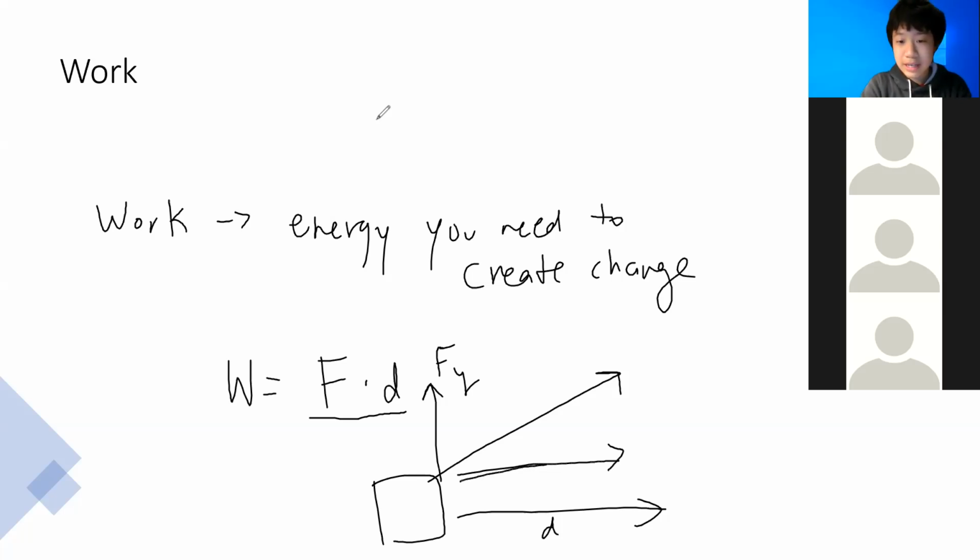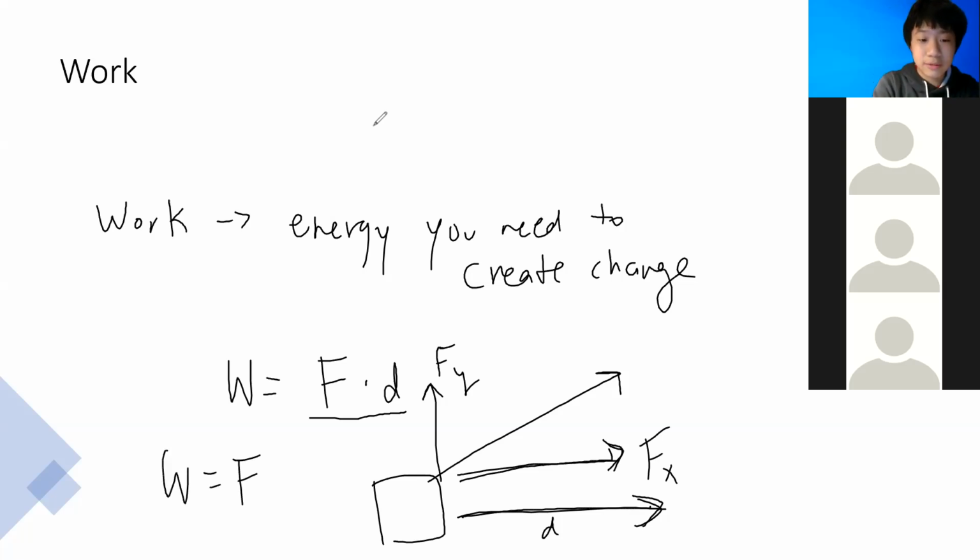So we only consider the forces that are contributing to how the box moves. So in this case, we only consider the x component of force. So actually, in this case, work equals the x component of force times distance. Okay, we don't take all forces in general. We only take the forces that are going in parallel with the box's movement, right?